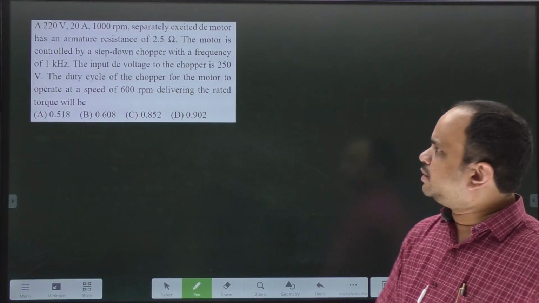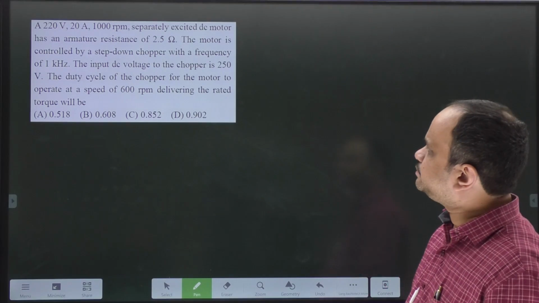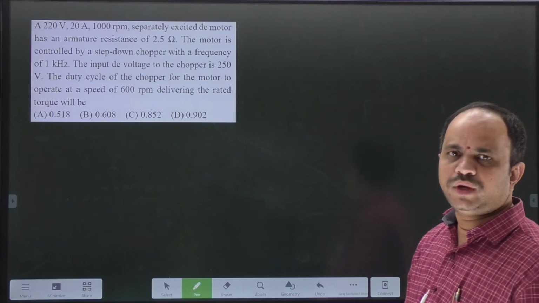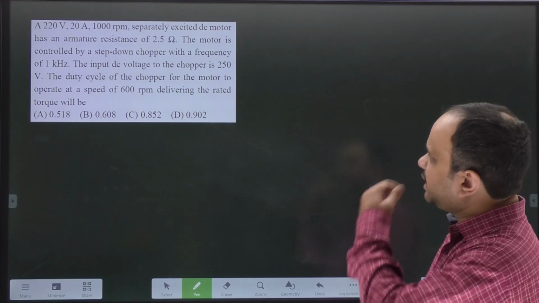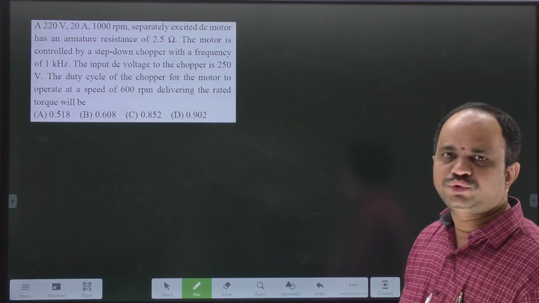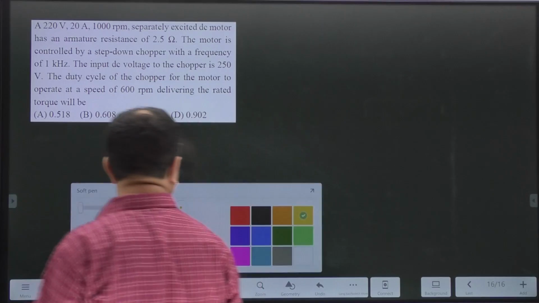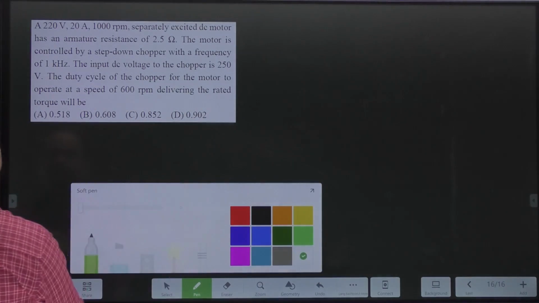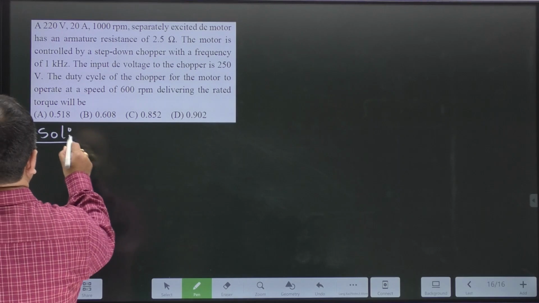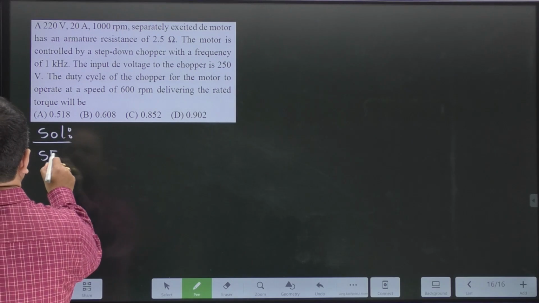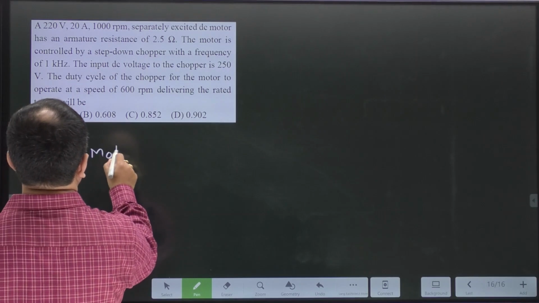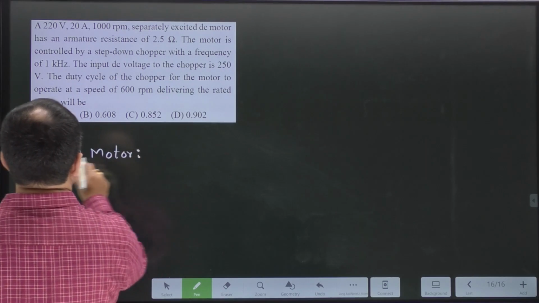Now let us take one more problem. A 220 volt, 20 ampere, 1000 rpm separately excited DC motor has an armature resistance of 2.5 ohm. First let us note down the data. Solution. What is given here? Separately excited DC motor.